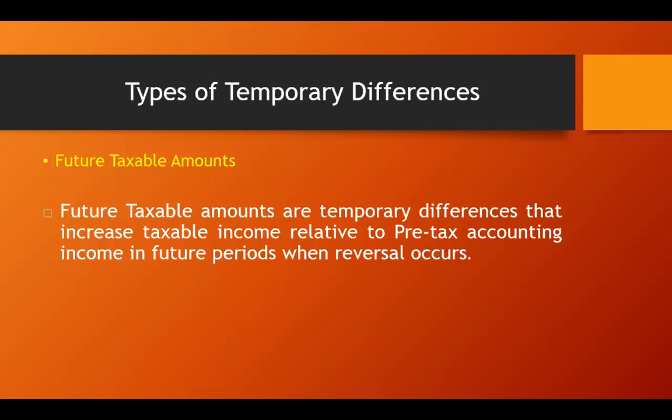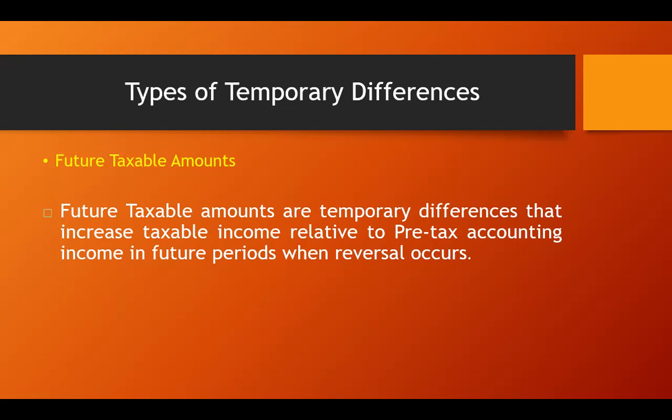Now, these temporary differences lead to two conceptual items. One is future taxable amounts. In income tax and in accounting, if you make a comparison, if you study the two subjects together, this item, future taxable amounts, would arise. Future taxable amounts are temporary differences that increase taxable income relative to pre-tax accounting income in future periods when reversal occurs.